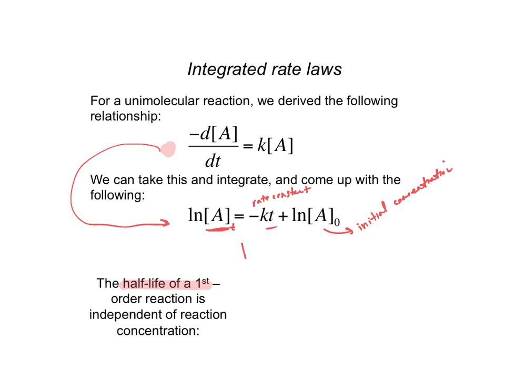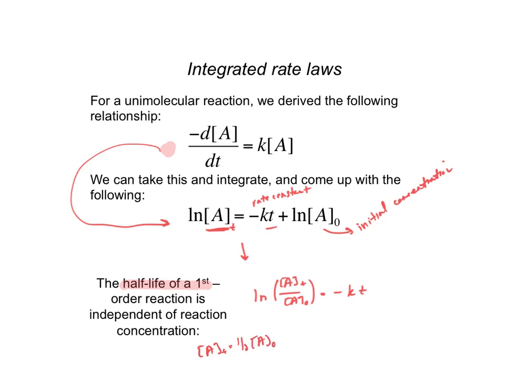I'm going to take this guy and I'm going to write this in a different way. So I'm going to write this as ln of A_t over A naught is equal to minus kt. And then I'm going to substitute the fact that at half-life, concentration of A is 1/2 the initial value, okay?